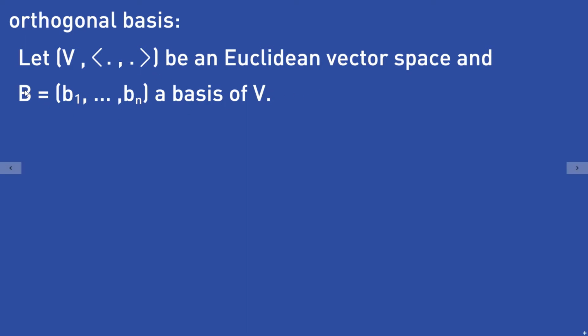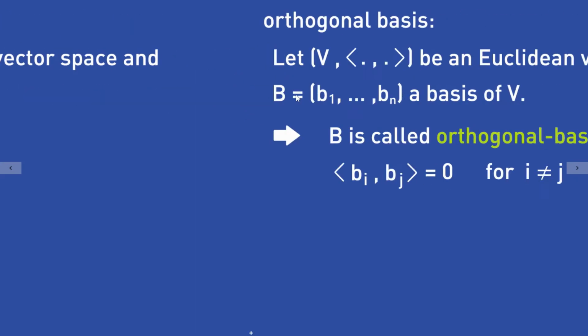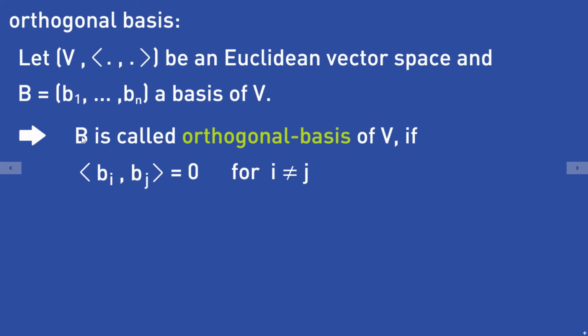Let B equal b1 to bn be a basis of that vector space V. Then the basis B is called orthogonal basis of V if the scalar product of bi with bj is equal to 0, for i not equal to j.